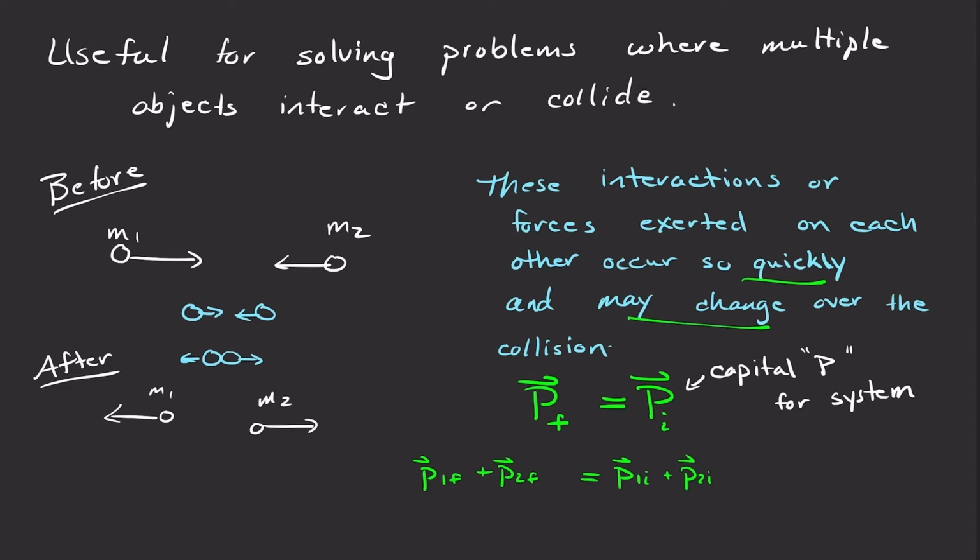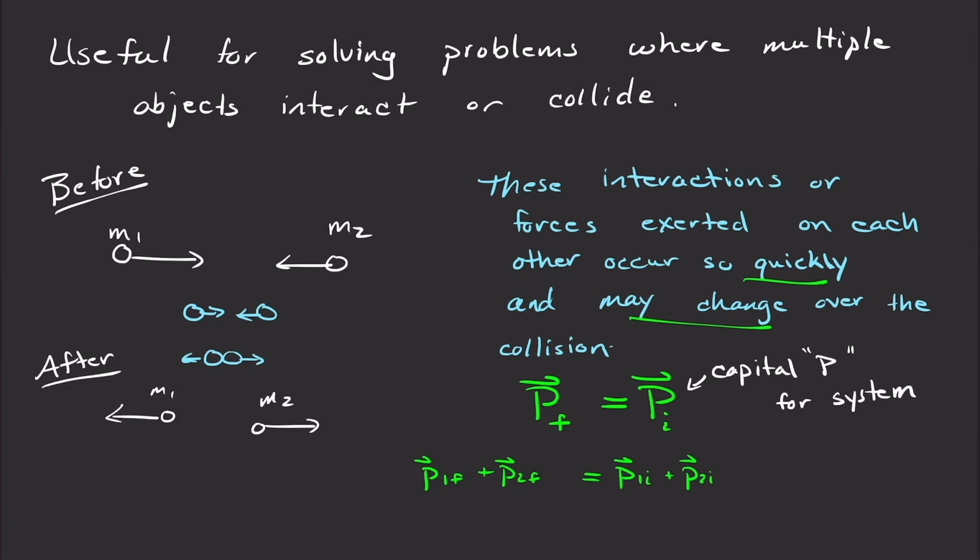Okay, so the total final momentum of our system is the total final momentum of each block, and the total initial momentum of the system is the sum of the initial momenta of each individual mass.